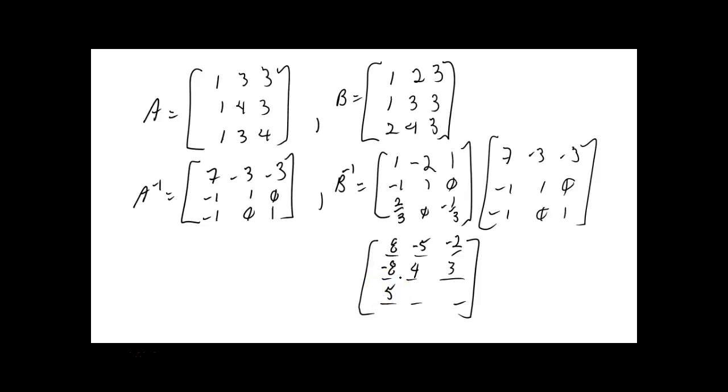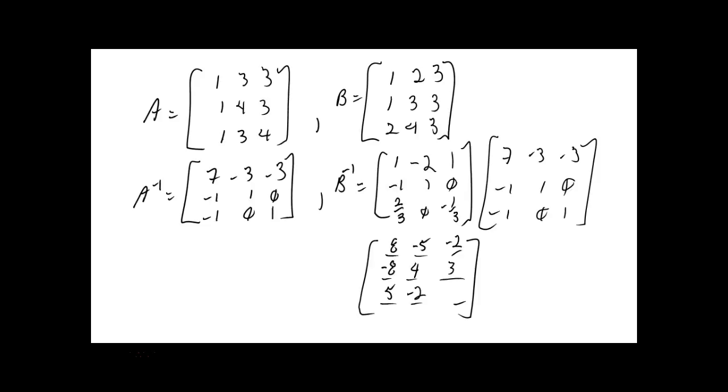The 3, 2 entry: -6/3, which is -2, plus 0, so -2. And the last, 3, 3 entry.